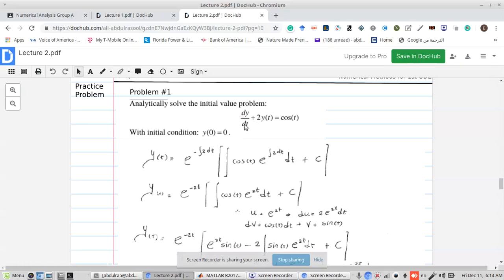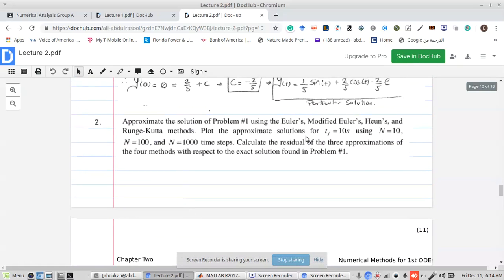So I have this ODE, I have the initial condition, and there is some information here about the numerical solution. The final time T is 10 seconds, the number of discretization N is 100, 1000, and also calculate the residual of the three approximations with respect to the exact solution.